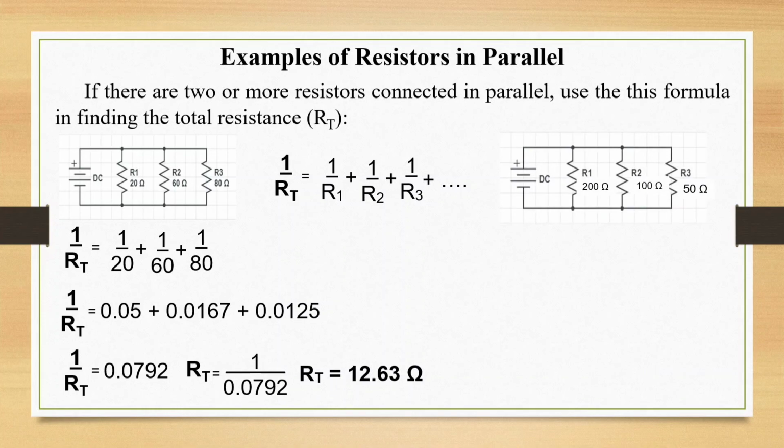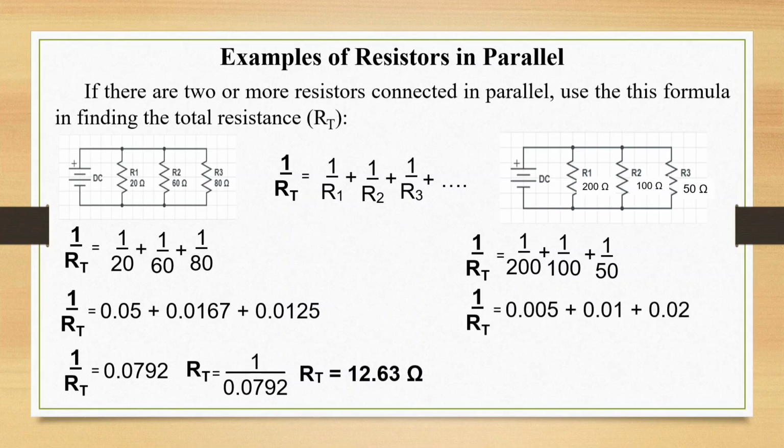Next example. So we have here R1 is equal to 200 ohms, R2 is equal to 100 ohms, and R3 is equal to 50 ohms. So substitute again the values. So 1 over 200, which is R1, plus 1 over 100, R2, plus 1 over 50, which is R3. Then 1 divided by 200 is equal to 0.005. Then 1 over 100 is equal to 0.01. And 1 over 50 is equal to 0.02.